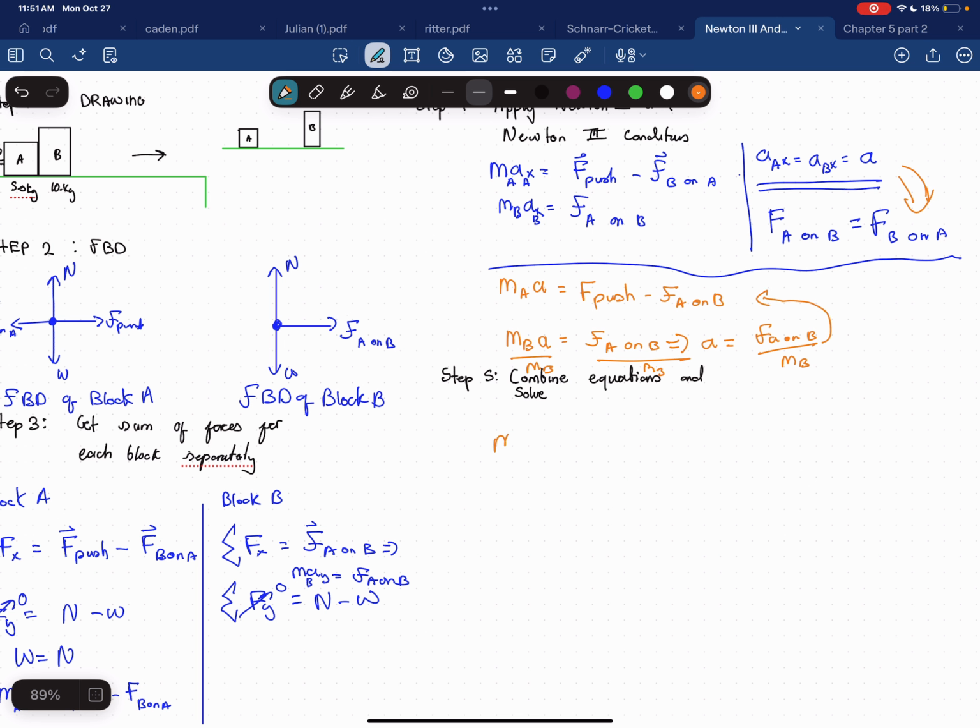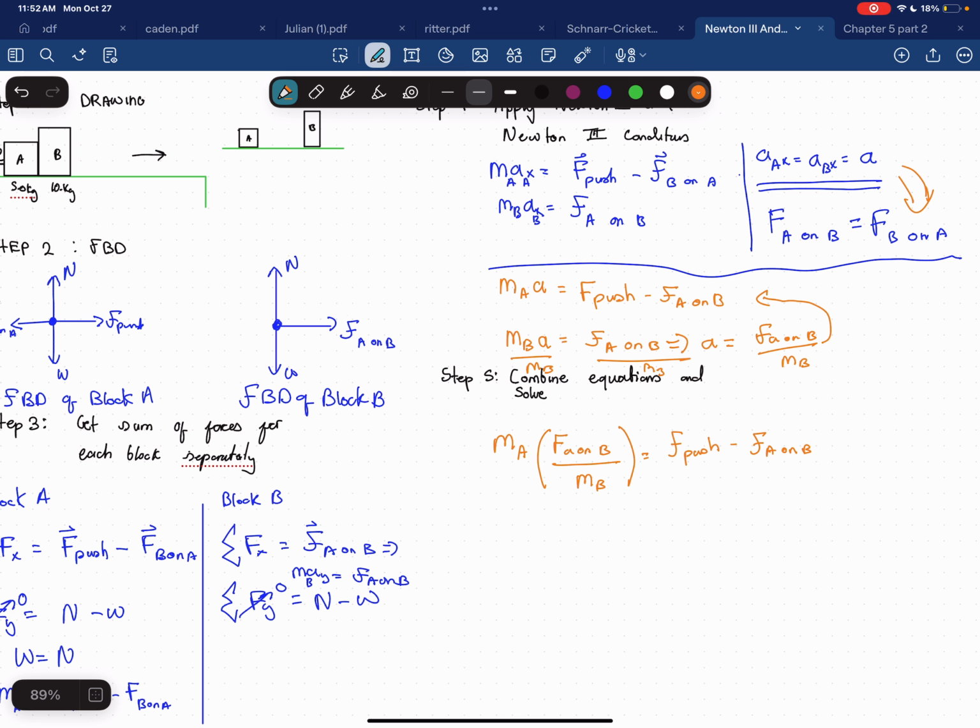So I have m_A times F of A on B divided by m_B is equal to F push minus F of A on B.